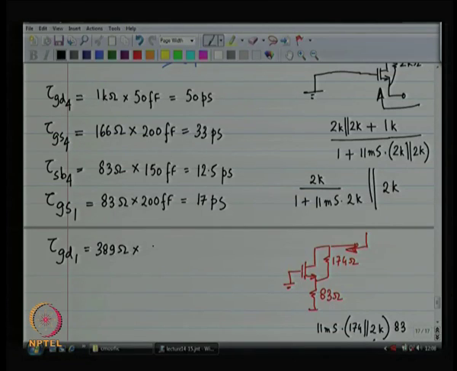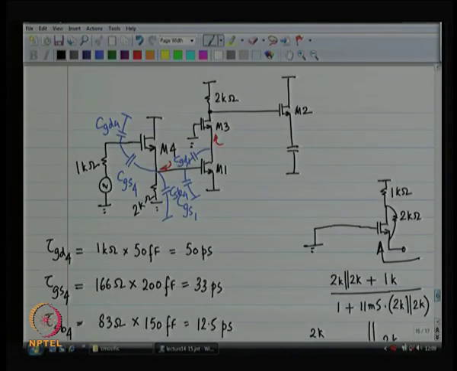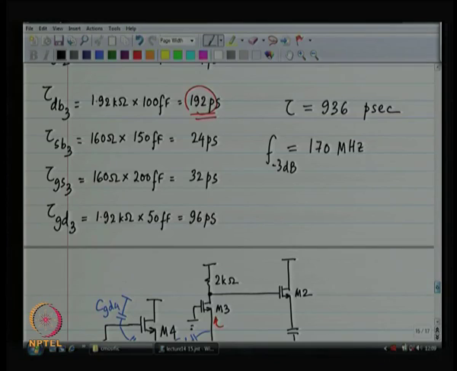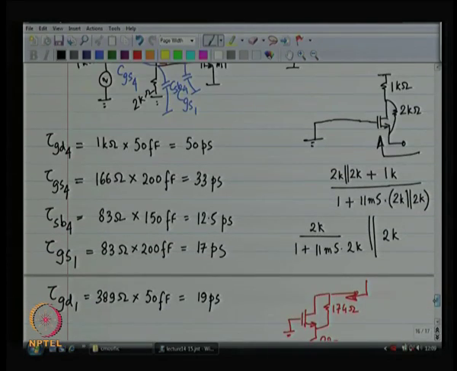So, the resistance has dropped even further. So, you end up with something like 19 picoseconds. So, these are my changes, these are the changed values, all the other values remain the same as before. The device number 4, these come in addition, right.